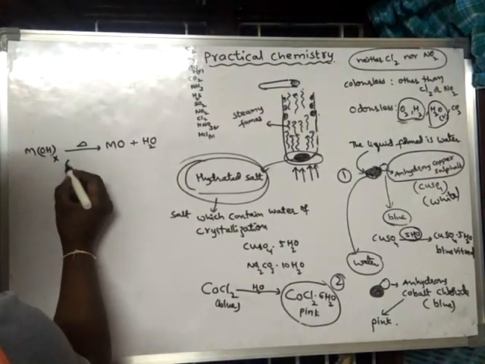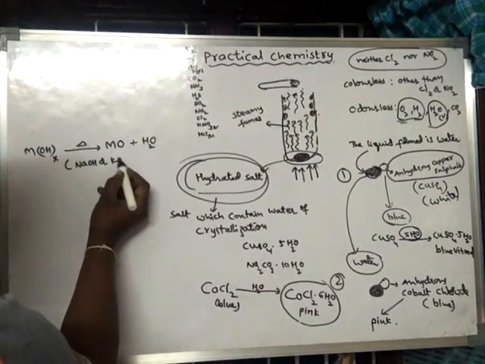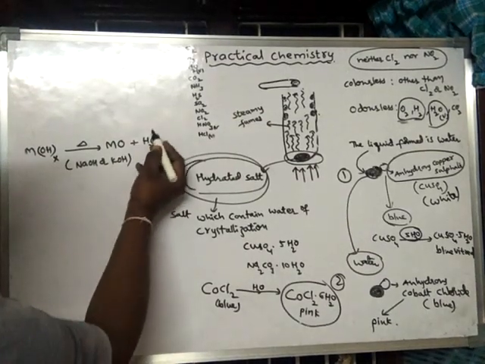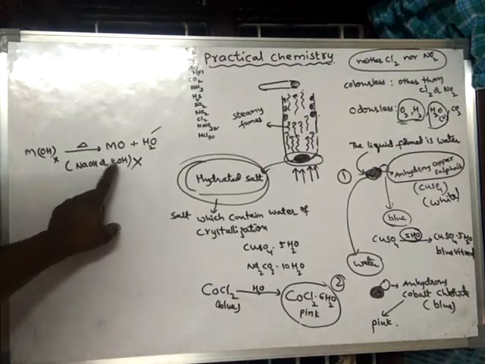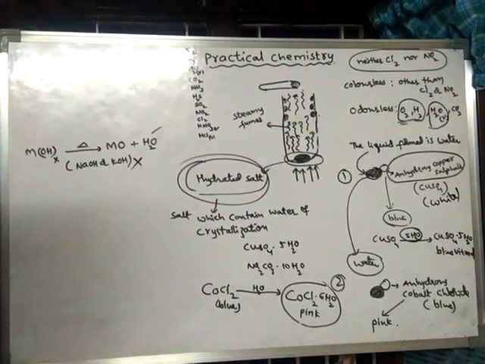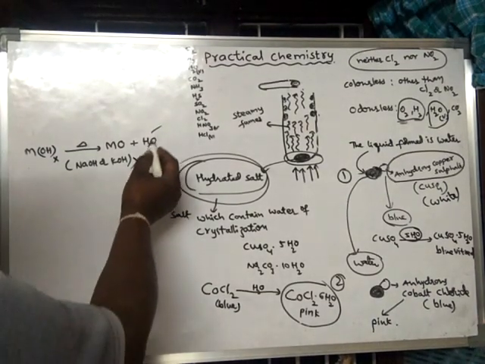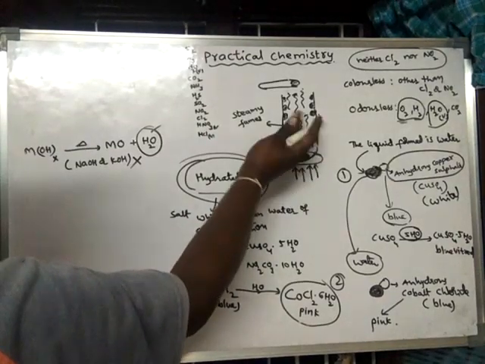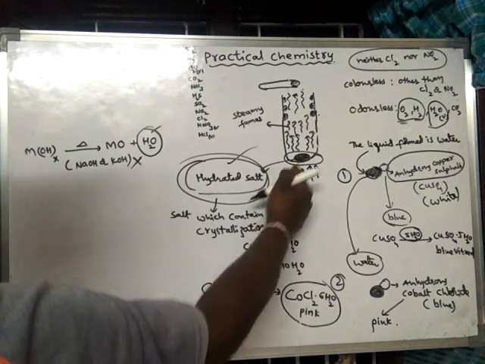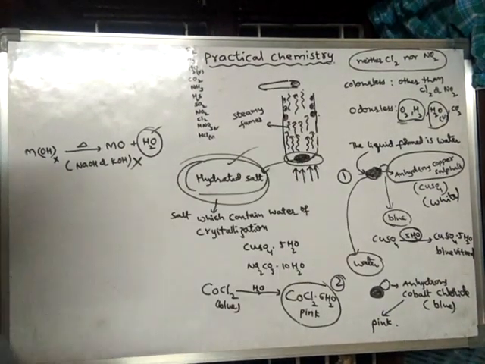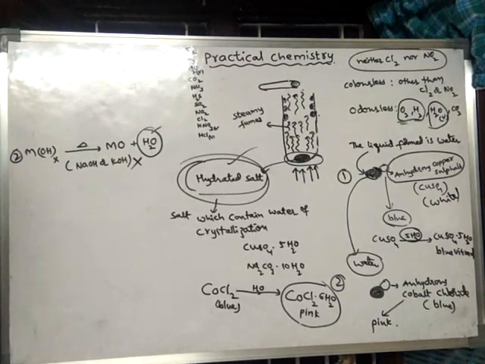But here there is an exception. Sodium hydroxide or potassium hydroxide do not form water. So except sodium hydroxide or potassium hydroxide, other metal hydroxides when heated liberate water vapor. So not only hydrated salts, but metal hydroxides when heated also produce water vapor.